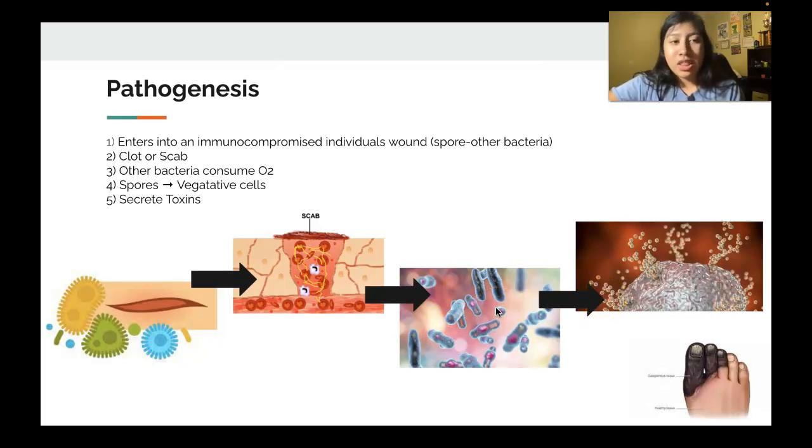After the bacteria consume the oxygen and the Clostridium perfringens come from spores to vegetative cells, then these vegetative cells start secreting toxins. And for those of you who skipped the symptoms slide due to the graphic image, here's another simplified version of what they can do.